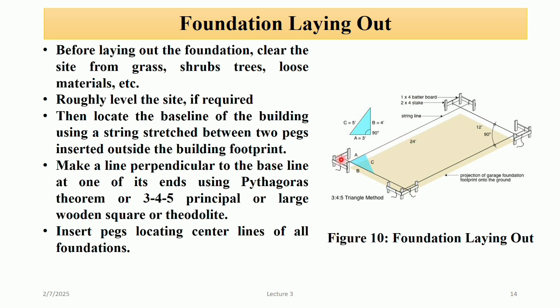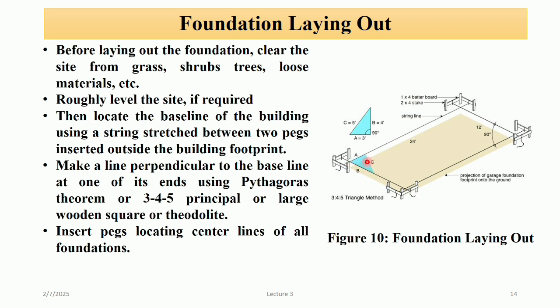Then we have to draw a perpendicular line to this baseline by using the 3-4-5 method, a large wooden square, or a theodolite. We will discuss the 3-4-5 method here. By this we measure a distance of 3 units from a corner along the adjacent side, and then measure a distance of 4 units from the corner along this side.